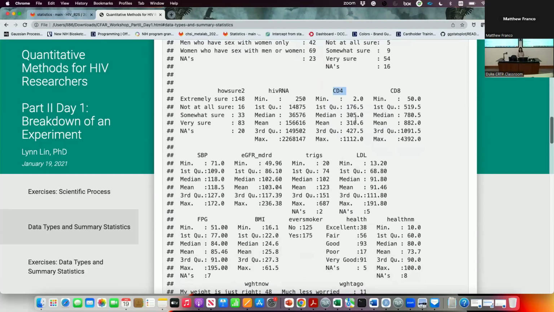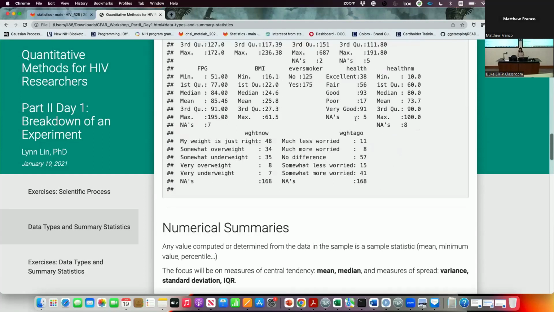Continuous. Yes, continuous. Okay, how about this? The weight? Yes, ordinal, because there's sort of an ordering between the categories.